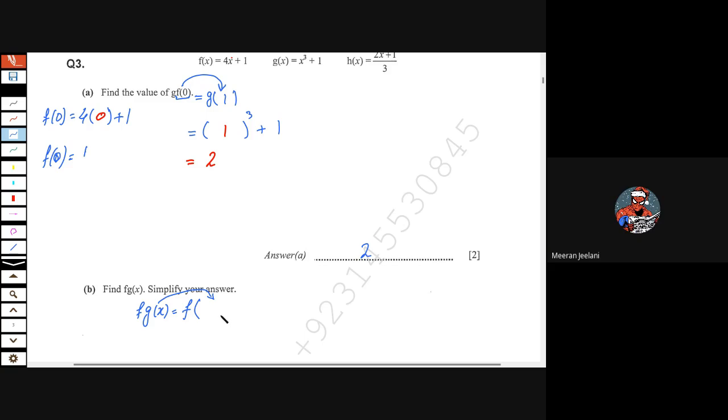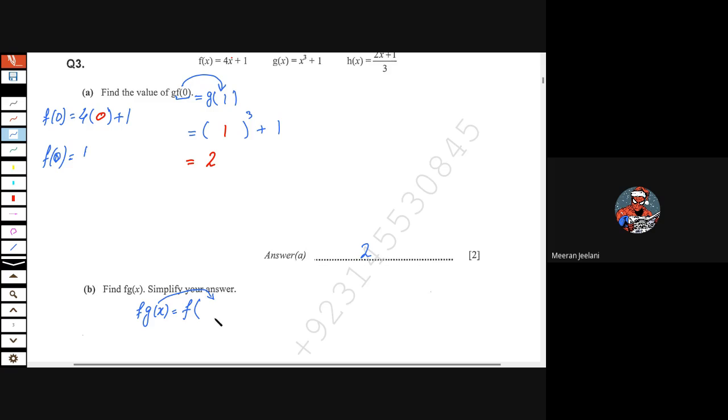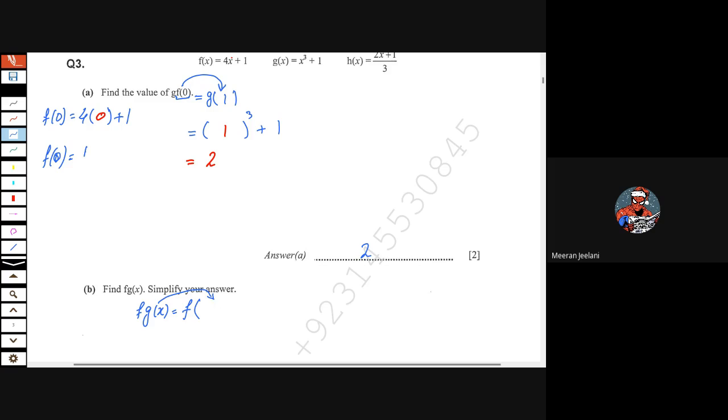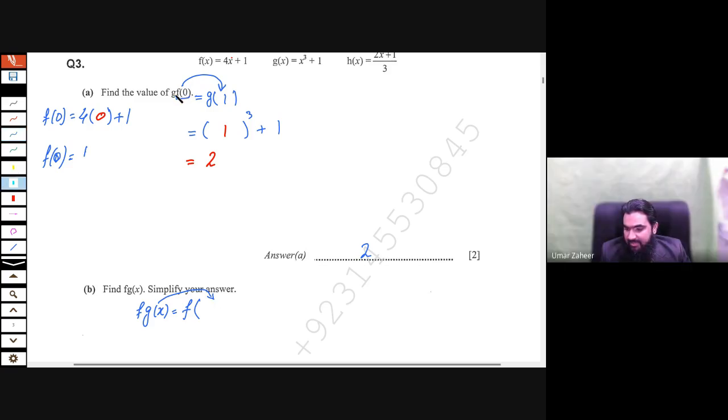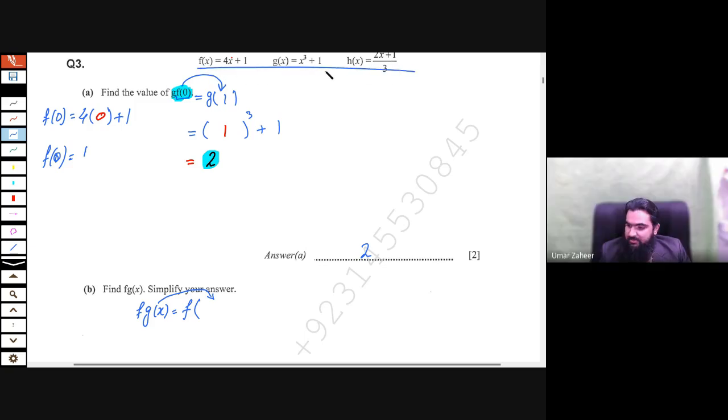So g of f of 0 is 2. I'm just asking what is g of x? X cubed plus 1. Yes, the g of x is x cube plus 1.